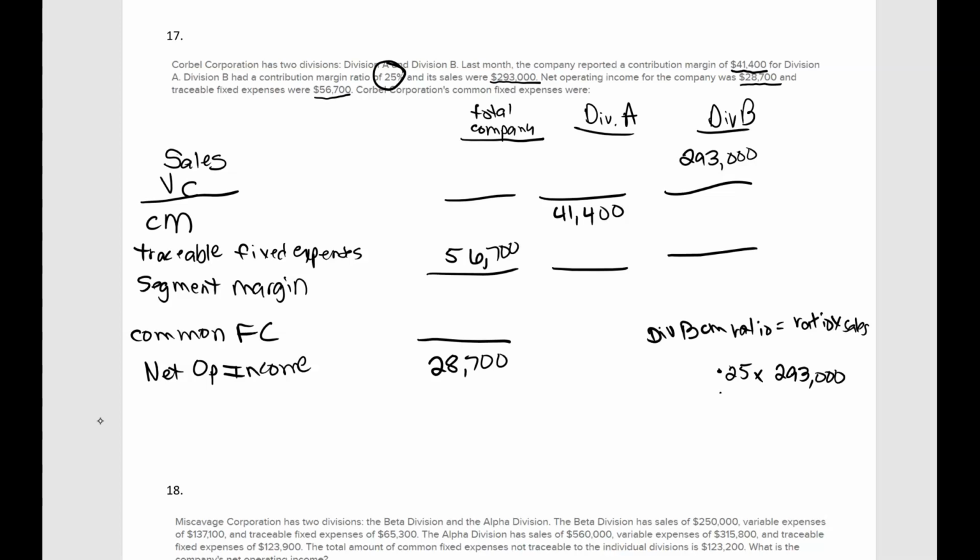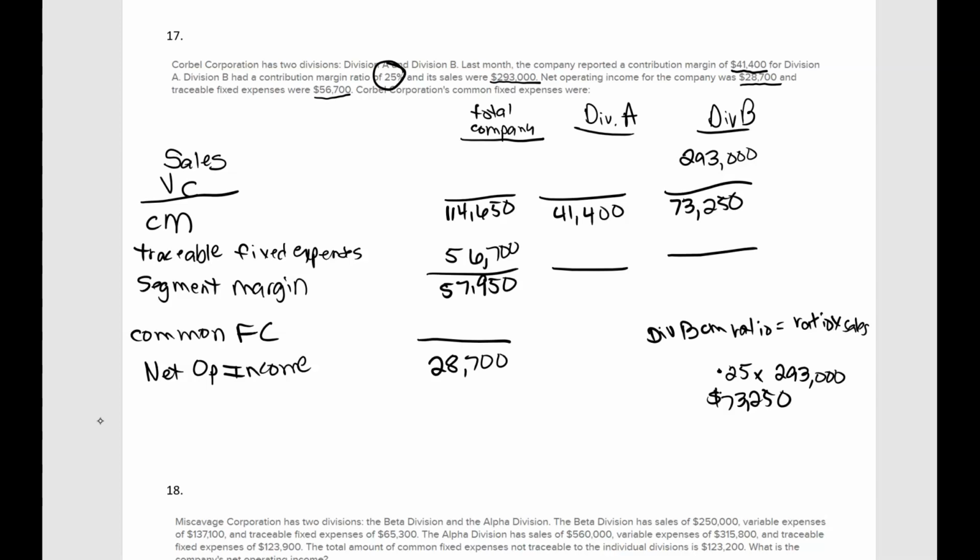So we get 73,250 for the contribution margin. Now that we know that, we can add Division A and Division B together and get the total company, which is 114,650.